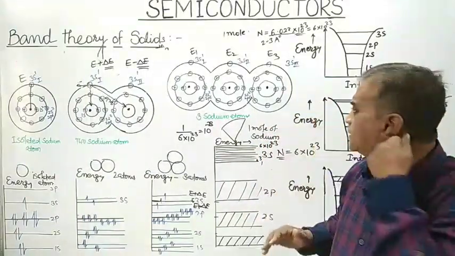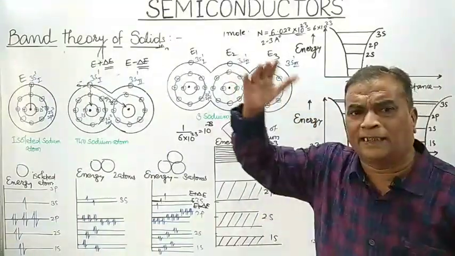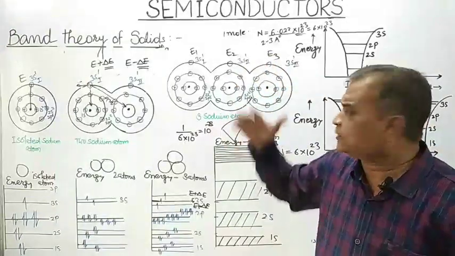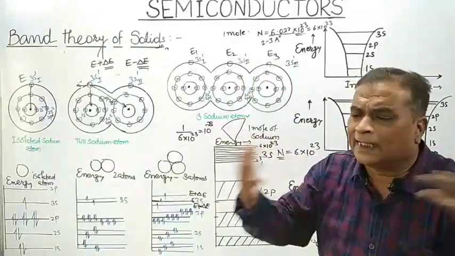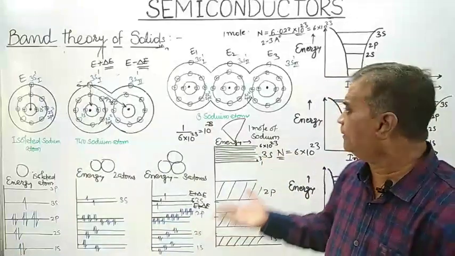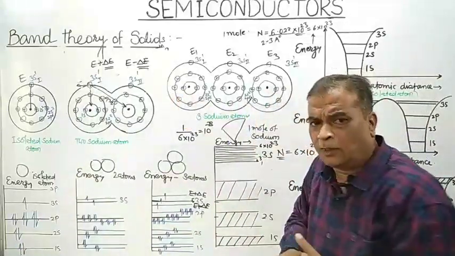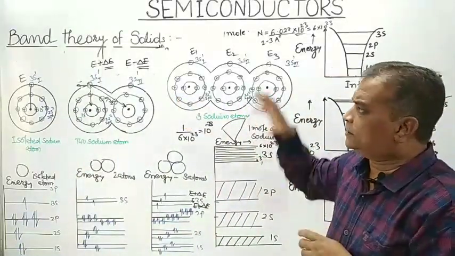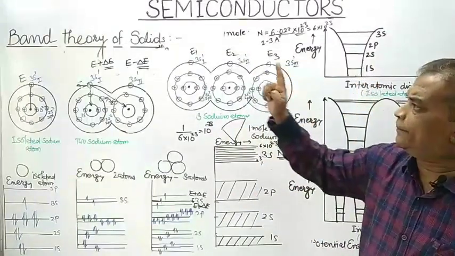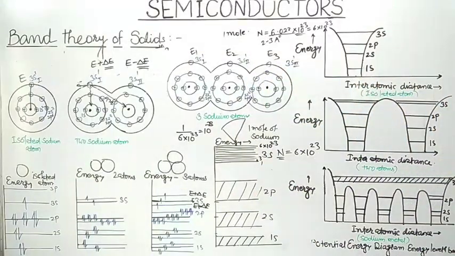Or in other words, the energies of the electrons in the inner orbit will remain unaffected when formation of solid is taking place. So this is how the band theory of solid can be explained for sodium.